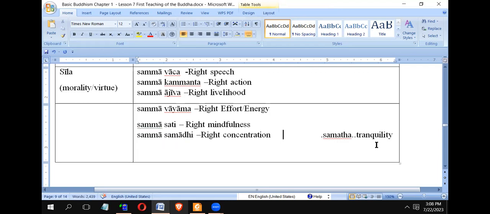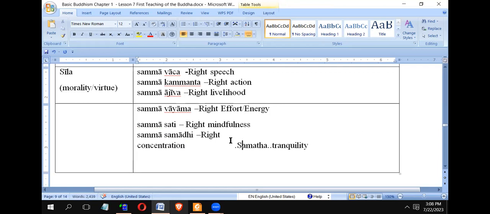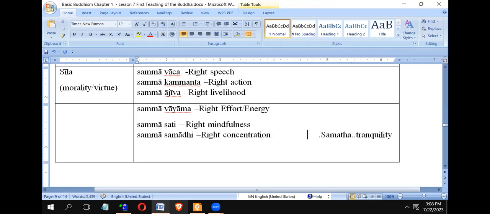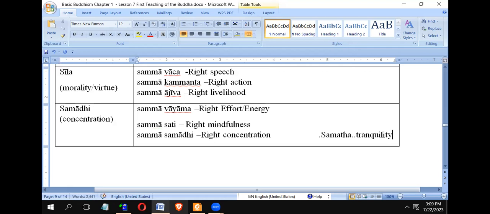But here I think that is for samatha. Here we just translate samadhi as right concentration. So this is under the Samadhi group, the concentration group. So in the Noble Eightfold Path, we can divide into three groups: Sila, Samadhi, Panya.